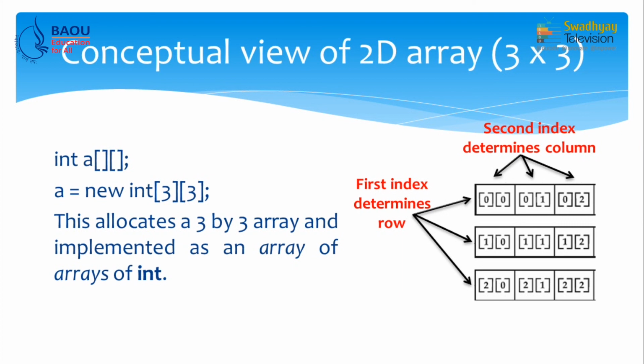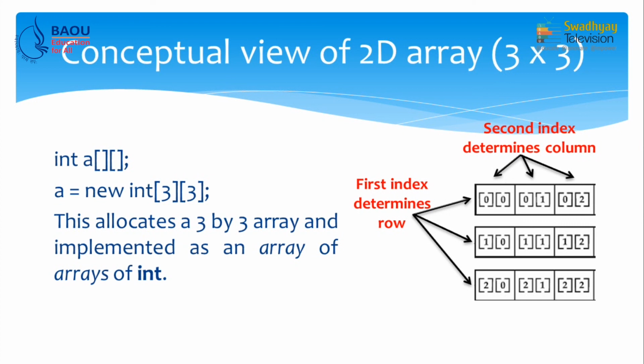So, we write A is equal to new int[3][3]. The first specifies the number of rows and the second specifies the number of columns. So, on screen you can see we have actually 3 into 3, that is 9 elements allocated for this array, and it is represented by these 3 rows and 3 columns.